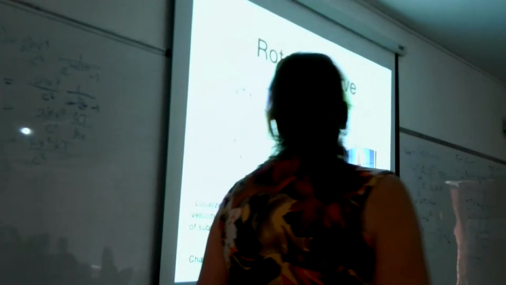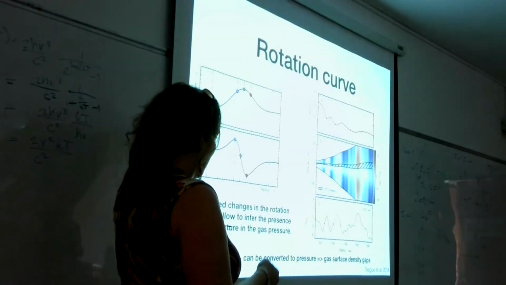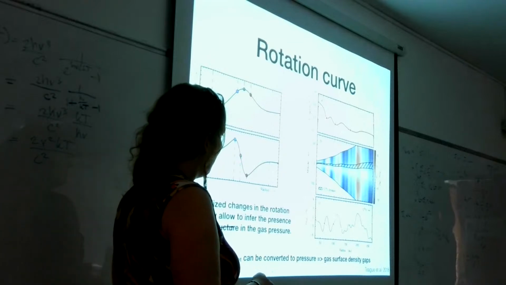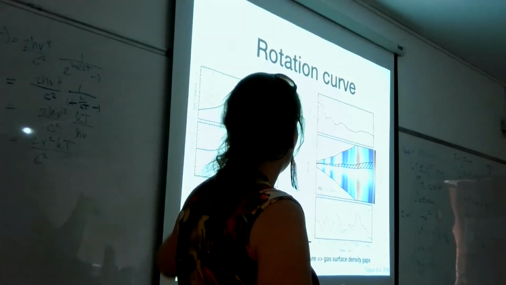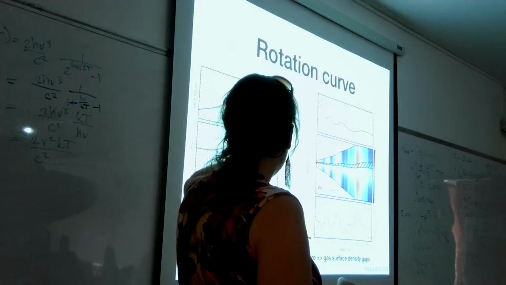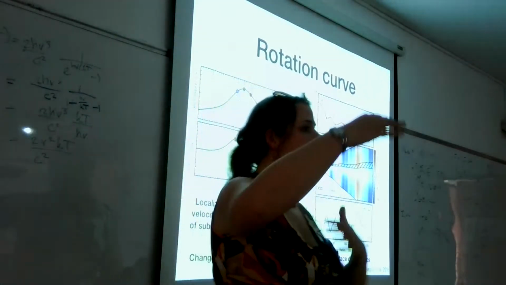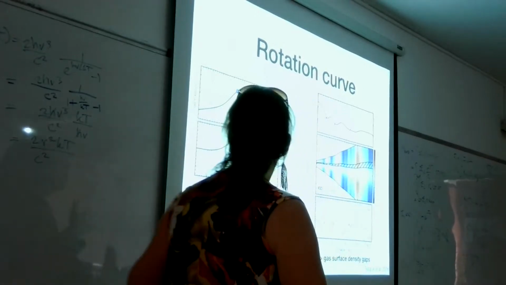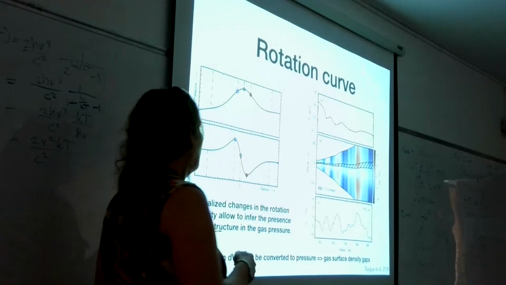So one of the big discoveries using this tool was that you have these variations, this non-Keplerian motion, along the radius. We concluded that you get this non-Keplerian motion because of localized changes in the pressure.